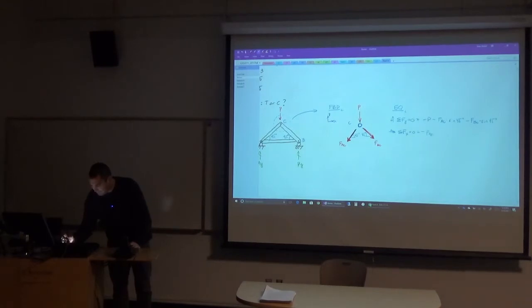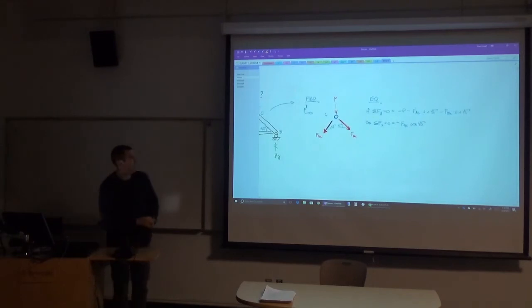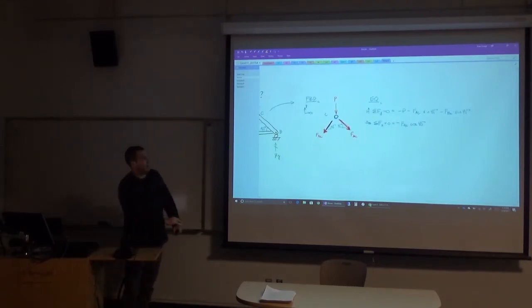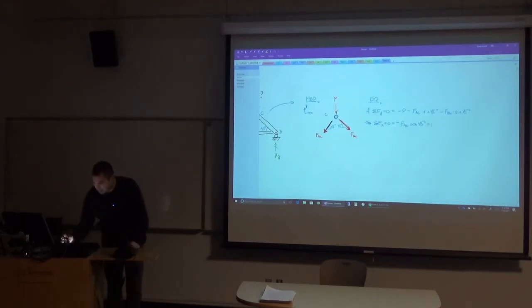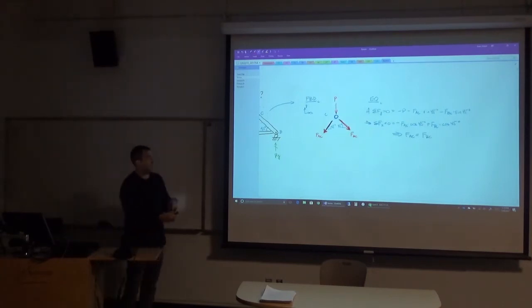So minus FAC times cosine of 45 degrees. And then on the right-hand side, I get FBC, the horizontal component of that, in the positive x direction. So that's times cosine 45 degrees. This one simply tells me that FAC has to equal FBC.